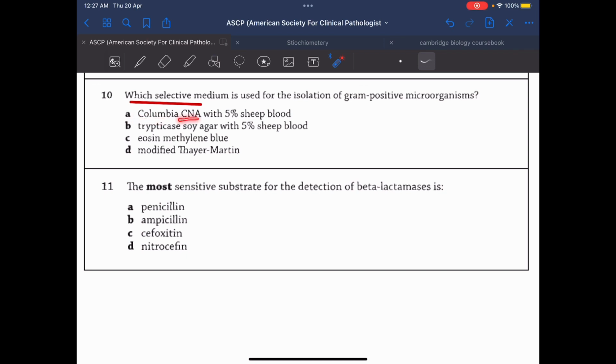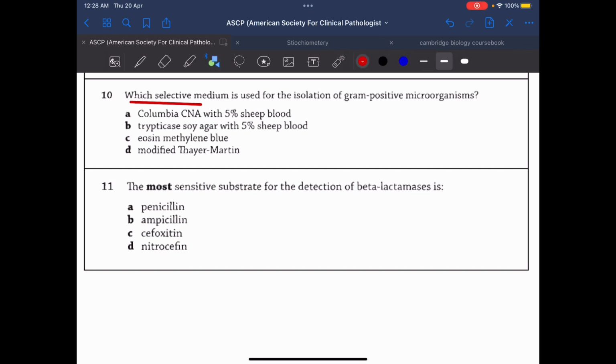Columbia CNA with 5% sheep blood agar, trypticase soy agar with 5% sheep blood, eosin methylene blue, modified Thayer-Martin. Columbia CNA agar contains colistin and nalidixic acid, which inhibit most gram-negative organisms, while eosin methylene blue is selective and inhibits gram-positive organisms.